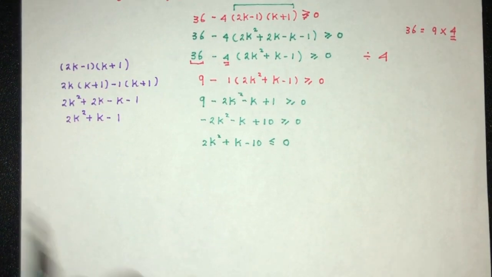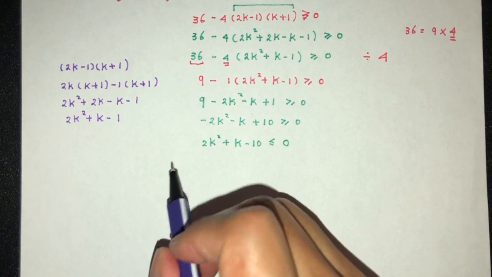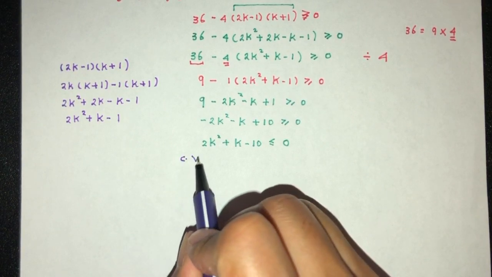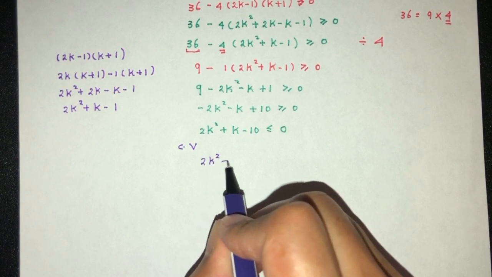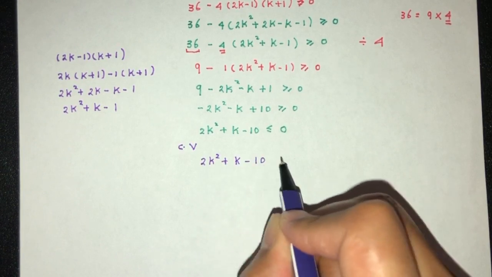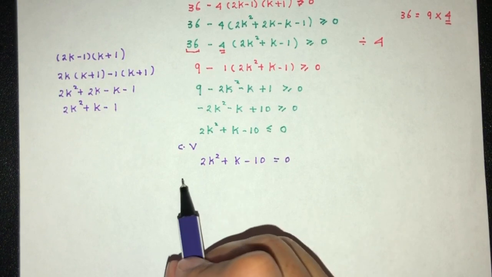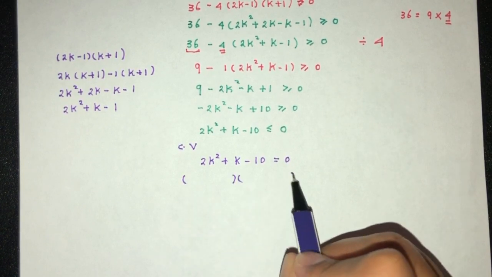Once we have this, we can first solve for the critical values of k, which means we take the same equation and equate it to 0. Now we have to factorize. Let's see if that's possible.